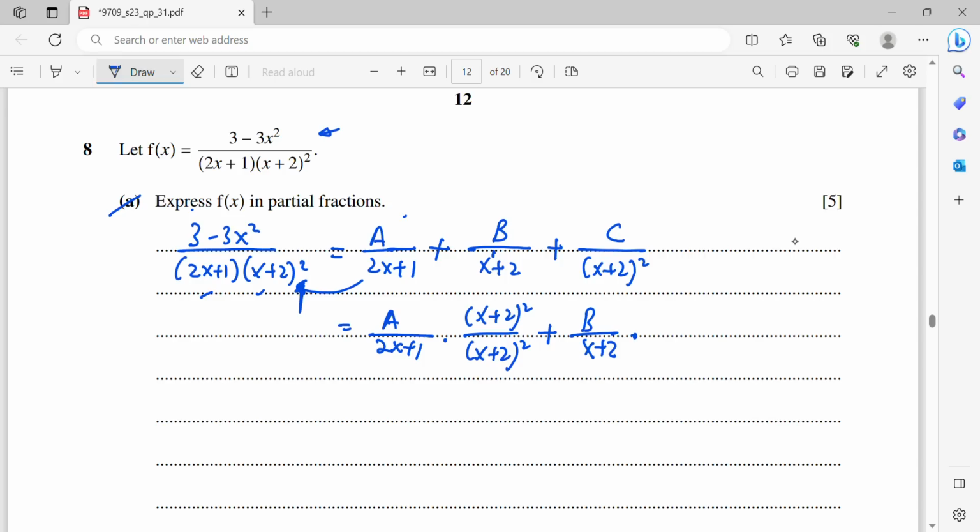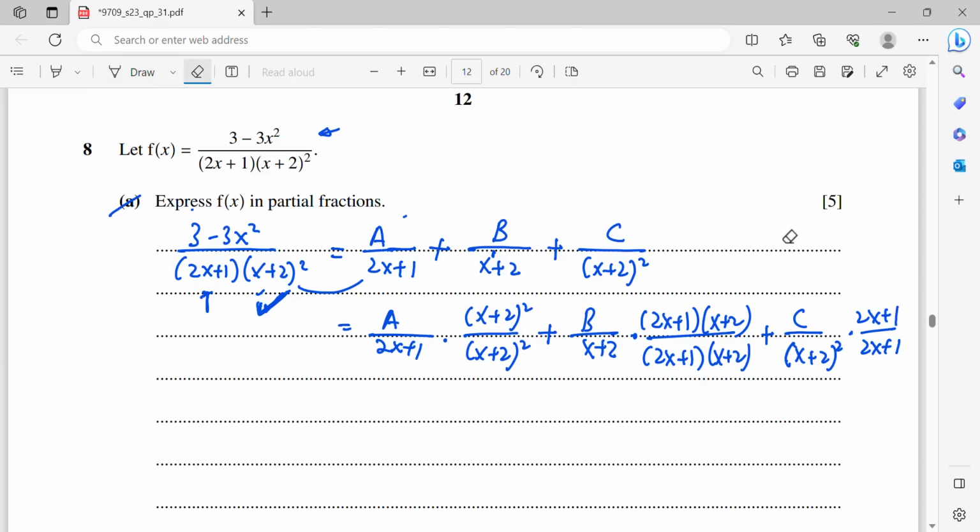So I multiply with 2x plus 1, then x plus 2. Okay, also always compare to the left hand side to get the same denominator instead of using cross multiplication. So for the last term, it is the square of x plus 2. I already have this second factor, so now I need to multiply with 2x plus 1. Okay, then I will rewrite the numerator, the left hand side.